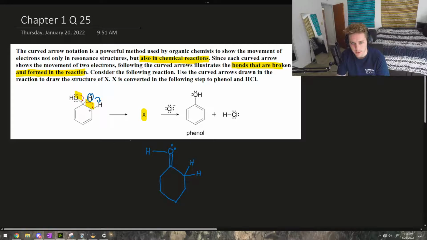Now we're going to add the rest of this. We didn't touch this bond at all, nor did we touch this one, so we'll just put those back. Now let's double check that we have the octet fulfilled for every atom. Looking at this C in the middle here, we've got 1, 2, 3, 4, 5, 6, 7, 8. That's an octet. What about the carbon over here? 1, 2, 3, 4, 5, 6, 7, 8.